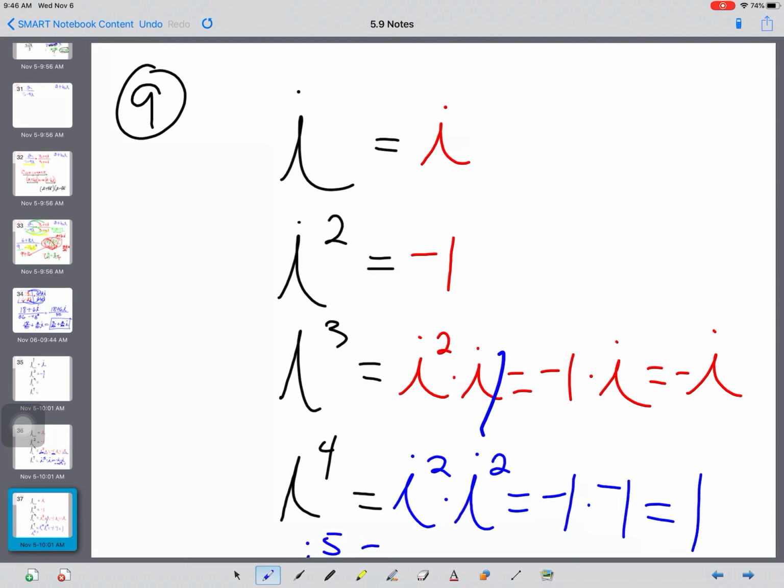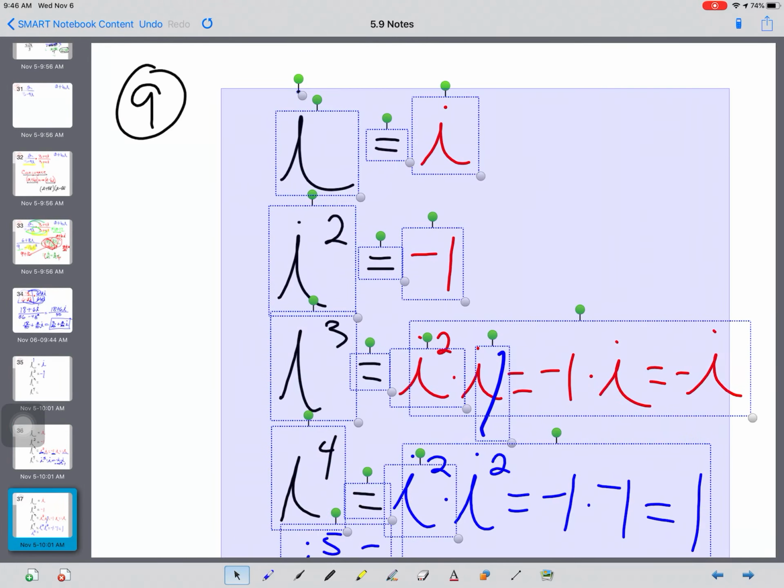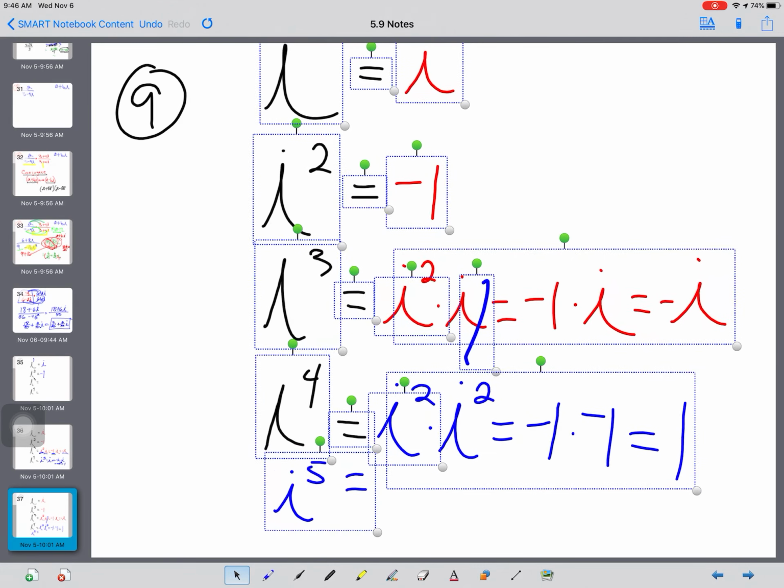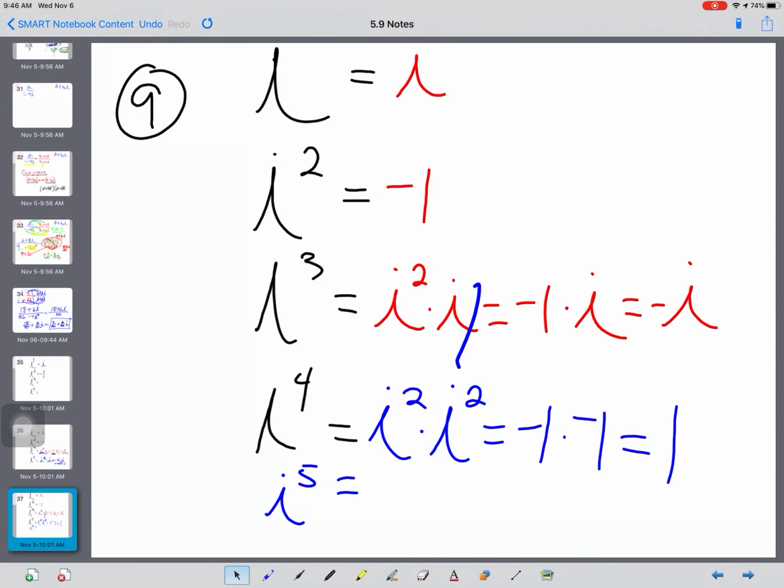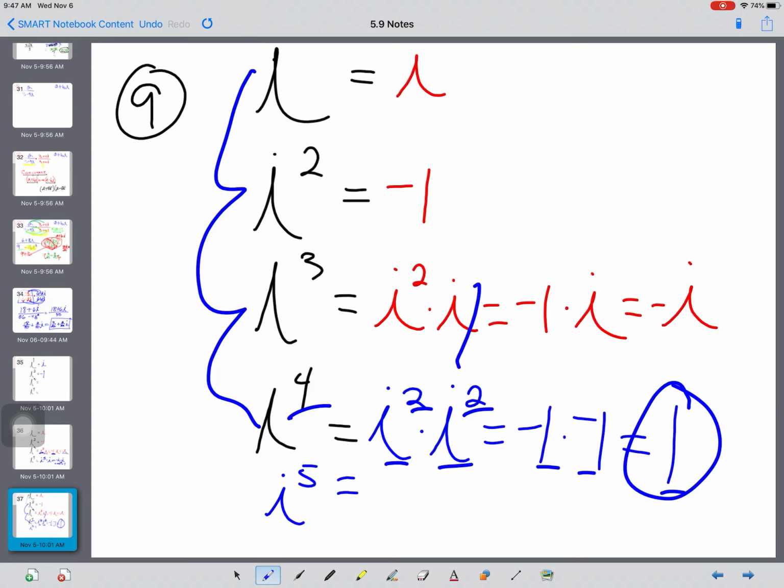And a different way of thinking about that is to do this. I could think of i to the fourth power as i squared times i squared, and each of those are equal to negative 1, so you just get 1. So look what happens. When I put 4 of them together, the answer comes back to 1.